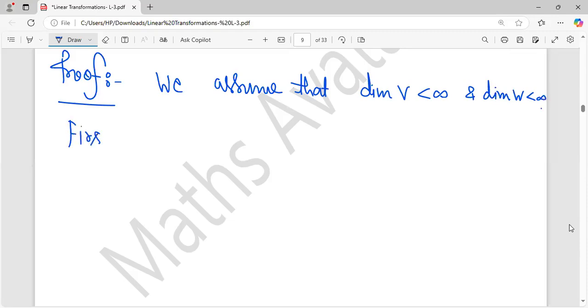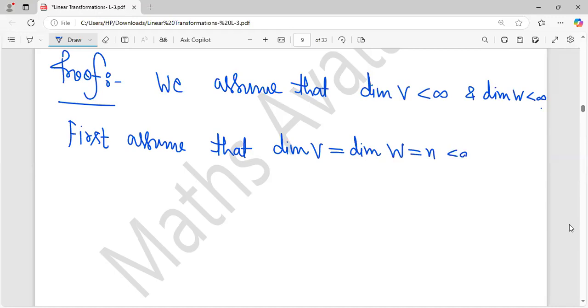First, assume that the dimension of V is equal to the dimension of W is equal to n, that is okay.